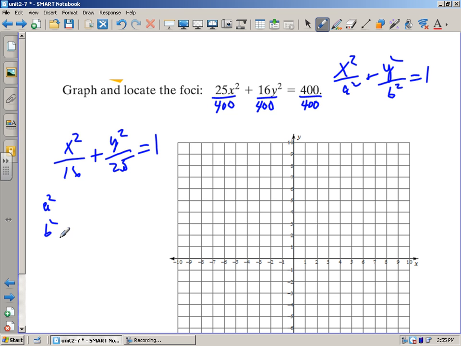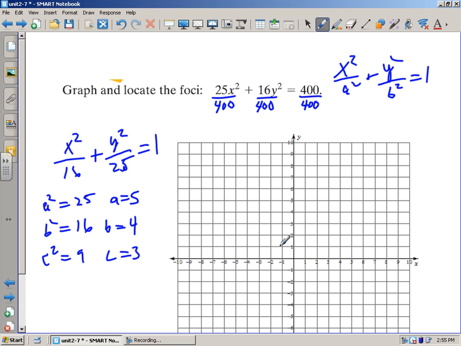And I need to figure out what c squared is. A squared is 25, b squared is 16, 25 minus 16 is 9, so a is what? 5, b is 4, c is 3.